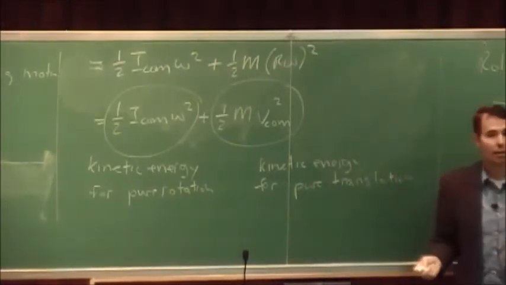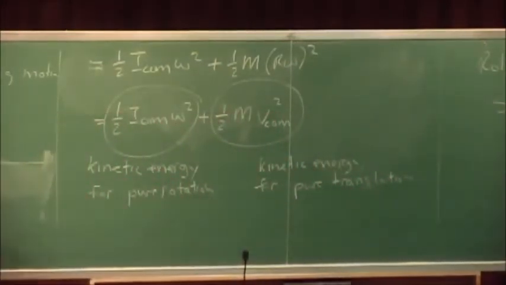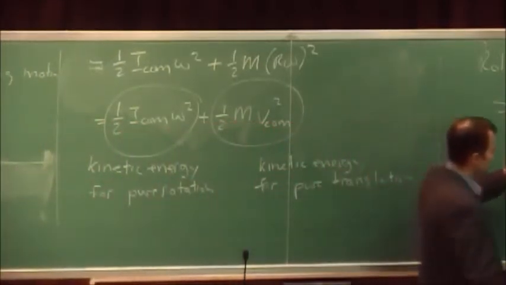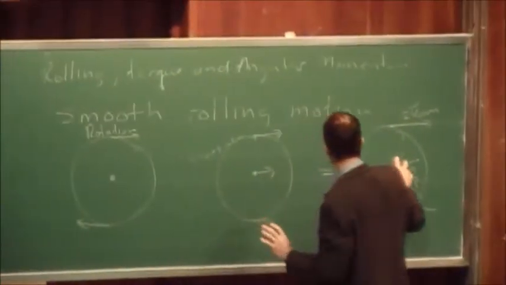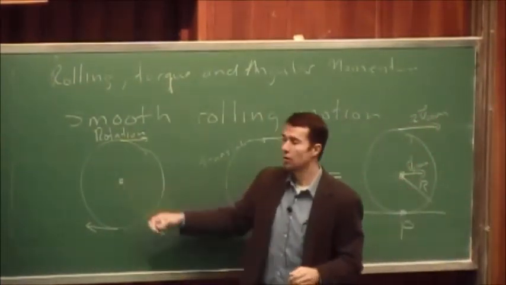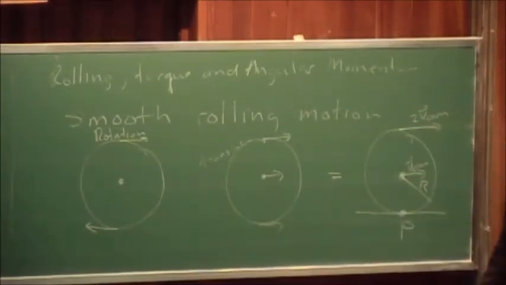That's pretty neat. And all we did was use the parallel axis theorem, and that gave those two things to us. So this is another way of showing that this smooth rolling motion can be considered the sum of pure rotation and pure translation.